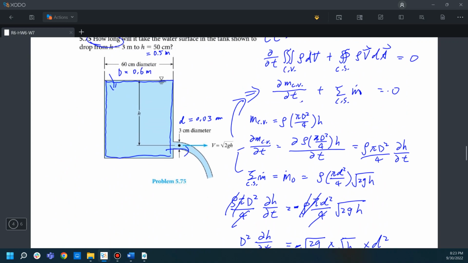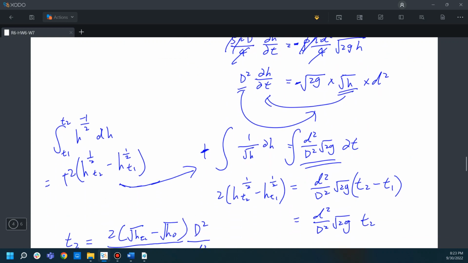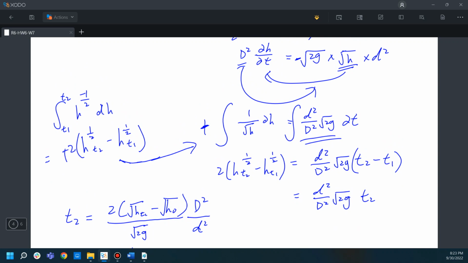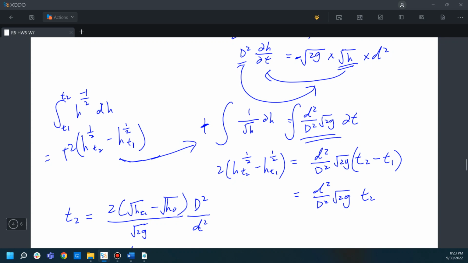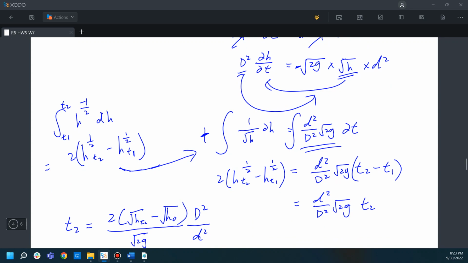Okay, so h2 is 0.5 meter, and I just found I've made a mistake in the integration. So this is actually t2 minus t1. Why? Because this, no. Let me rewrite here. So this is still t2 minus t1, but there's no minus sign in front of these two.